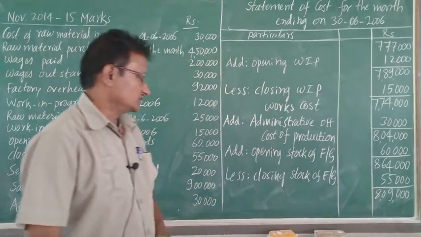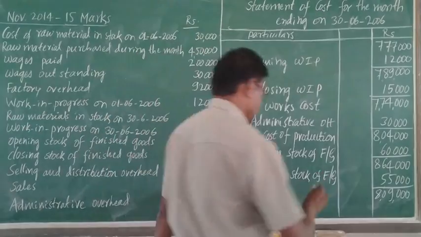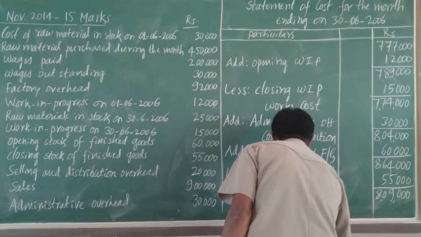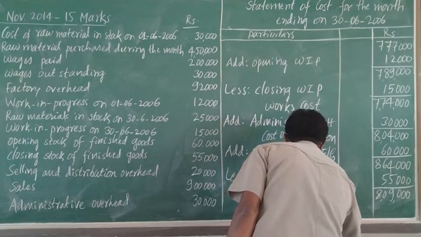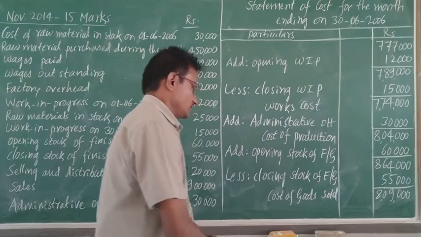After deducting closing stock of finished goods, the remaining figure is 8 lakh 9,000. This is the cost of goods sold.